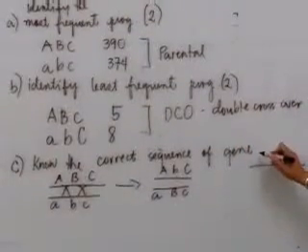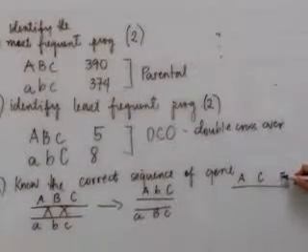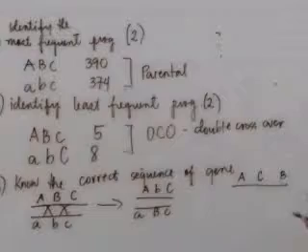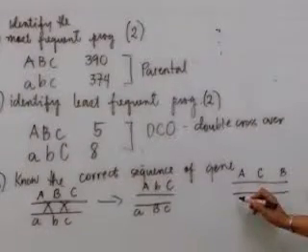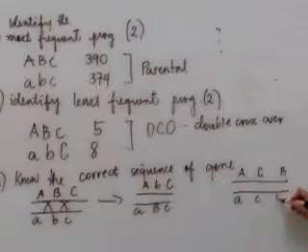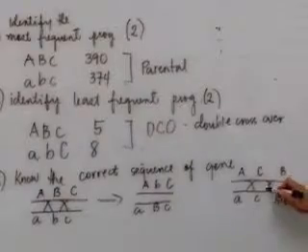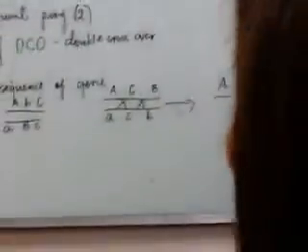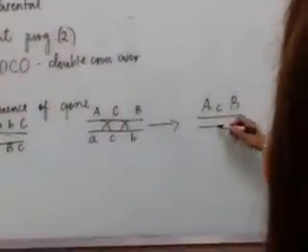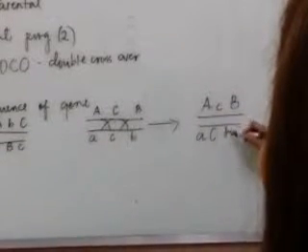So for example, I will place here the A and I have first my C before my B. Of course, on the other one, I have recessive A, C, and B. If I'm going to have a double crossover, therefore, what are the progenies? Dominant A, recessive C, dominant B. Another one, recessive A, dominant C, recessive B.